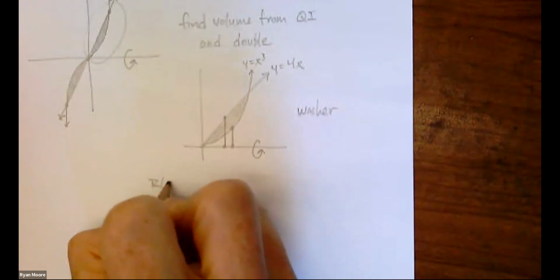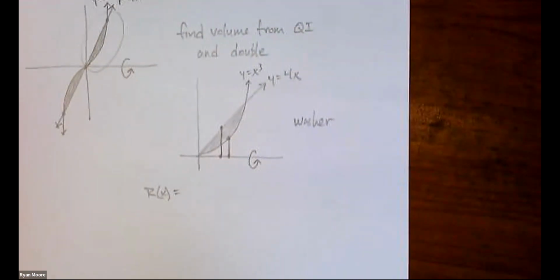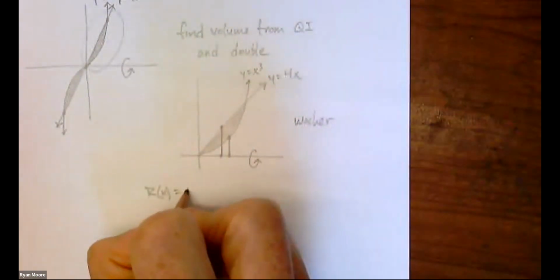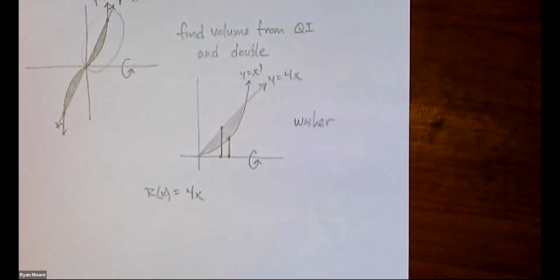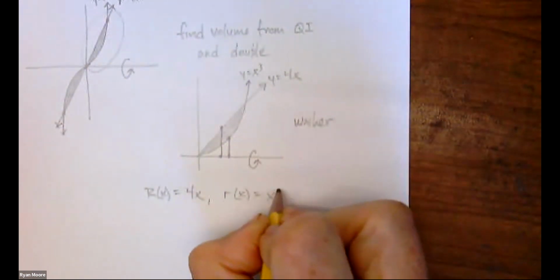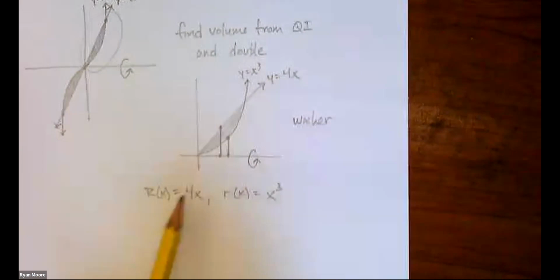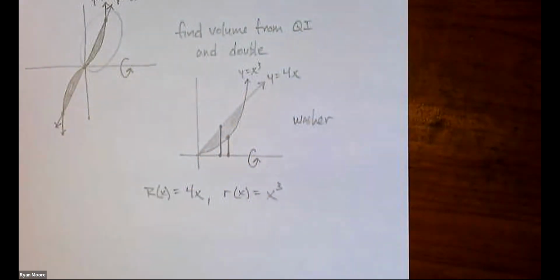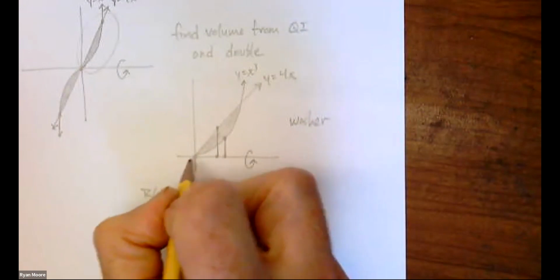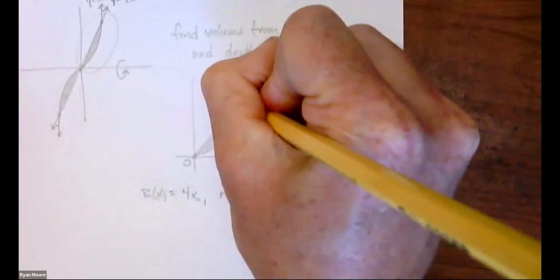So let's see, what does capital R of x equal? Well, the outer edge, that's that outer line, it's 4x. This is in terms of x because it's around the x-axis. How about little r of x? That's going to be x cubed, that inner function there. And now we definitely need to know the limits of integration. They cross here at 0, but where do they cross here?